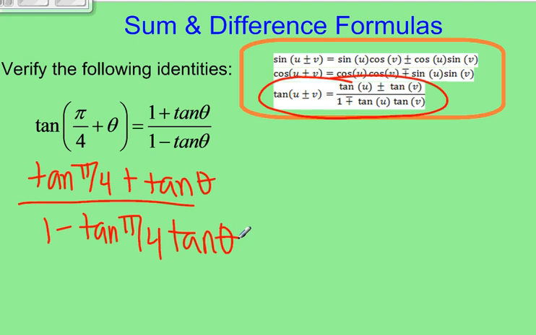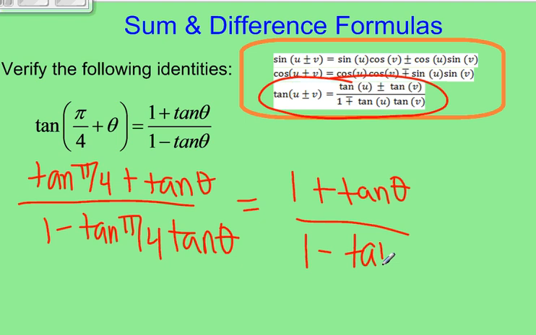Tan of pi over 4 equals 1. So 1 plus tan theta in the top. And in the bottom, we've got 1 times tan theta, so it's just going to be 1 minus tan theta, and we have gotten what is on the right, so we have verified that one.